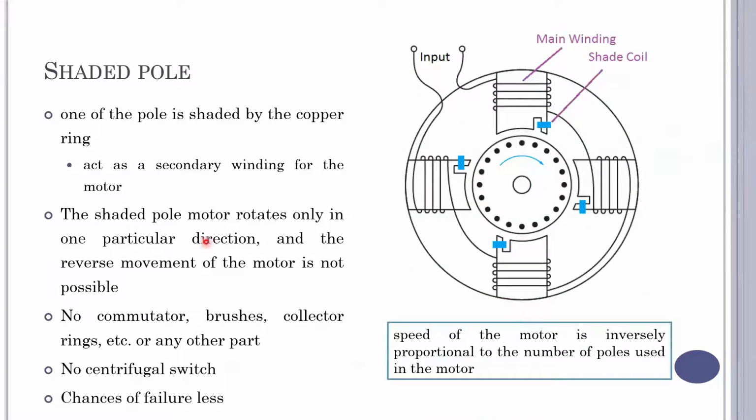And the final type of induction motor is the shaded pole induction motor. This shaded pole induction motor is quite different from the other types of induction motors, because here by construction itself we make some change. So we have a shaded ring or a copper ring at one portion of the pole alone.